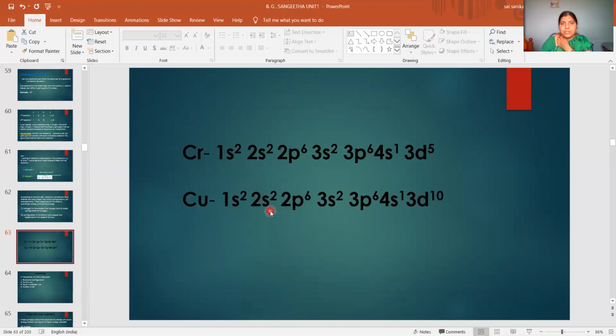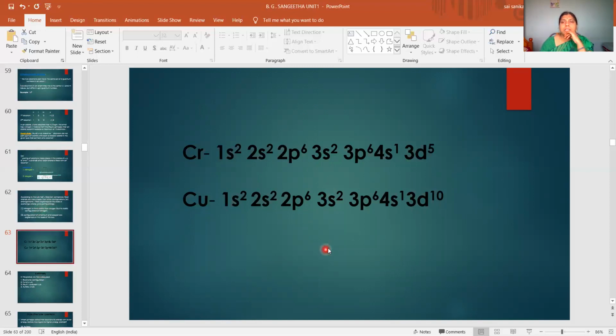Copper: 1s2, 2s2, 2p6, 3s2, 3p6, 4s1, 3d10. The d orbitals are fully filled, two electrons in each, so it is completely filled. So chromium has half-filled orbitals and copper has fully filled orbitals, which means these two atoms are stable. The stability of chromium and copper is explained by Hund's rule.